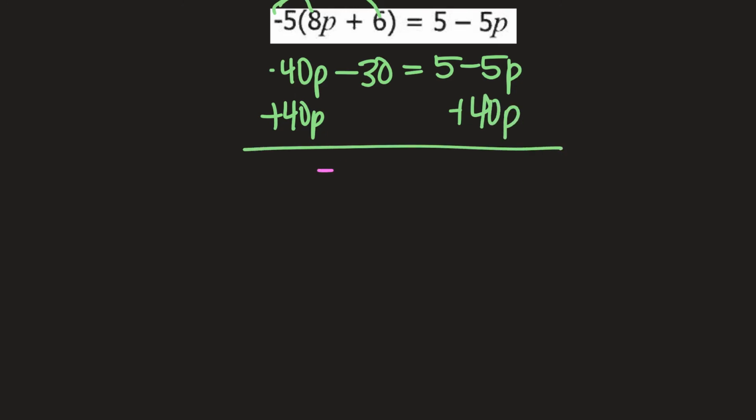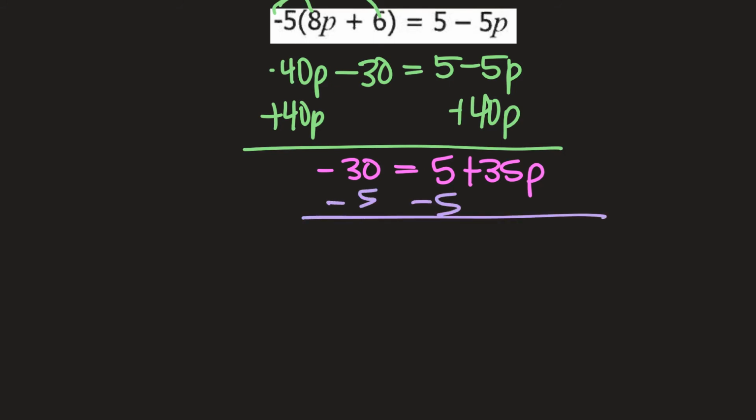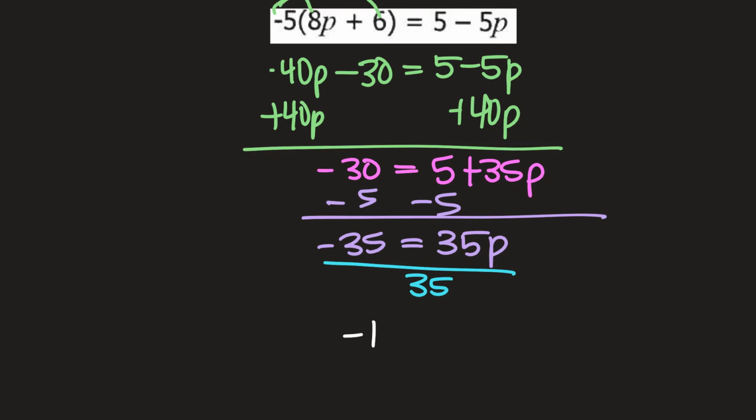So that's going to give me negative 30 is equal to 5 plus 35p. And then I'm going to subtract 5 on both sides. And that's going to give me negative 35 is equal to 35p. And then I'm going to divide by 35 on both sides. And that's going to give me that negative 1 is equal to p.